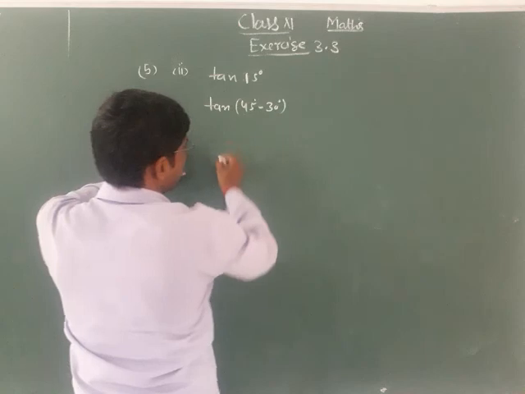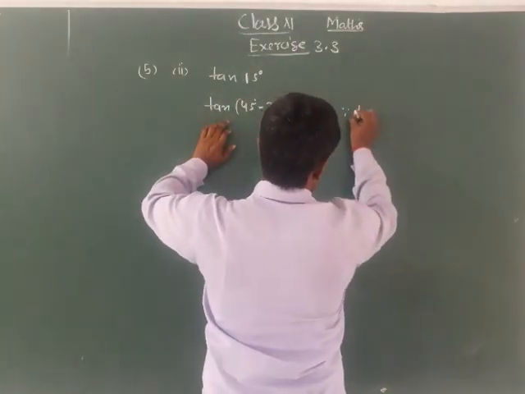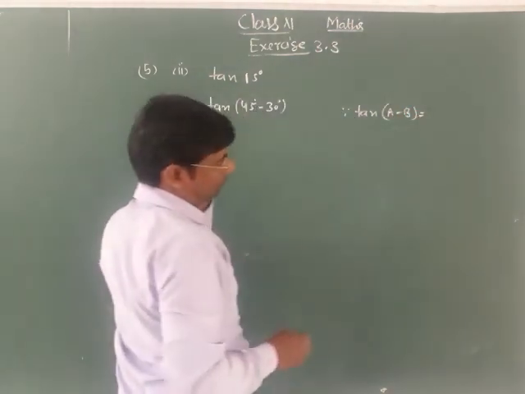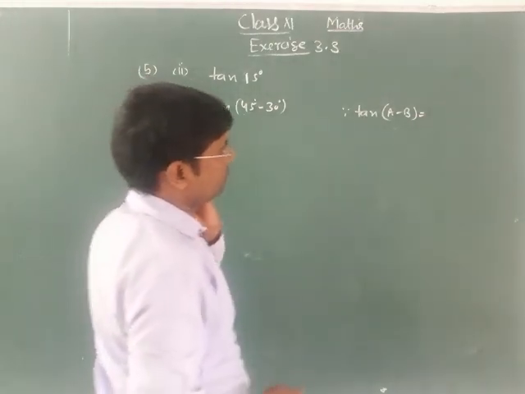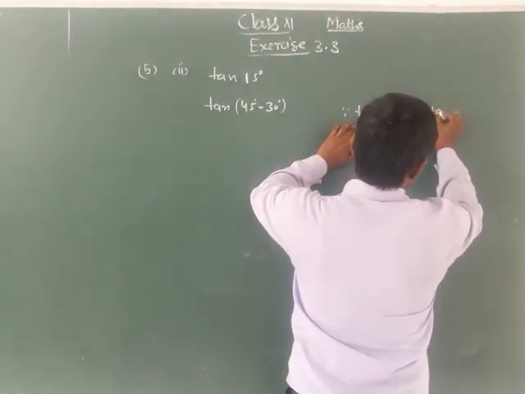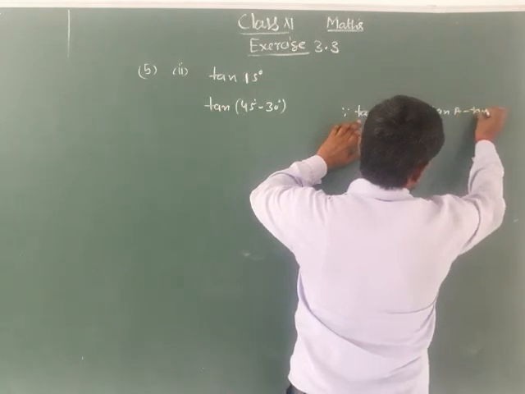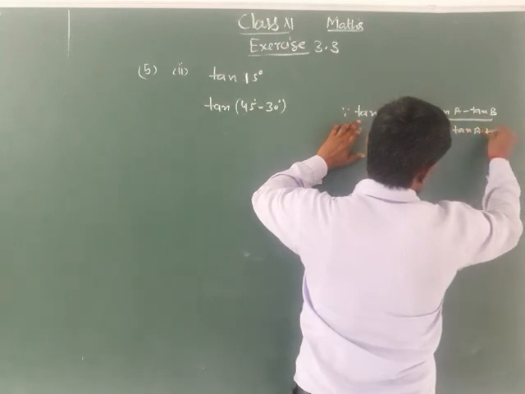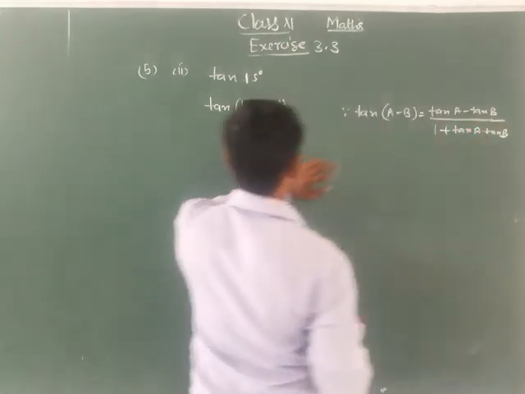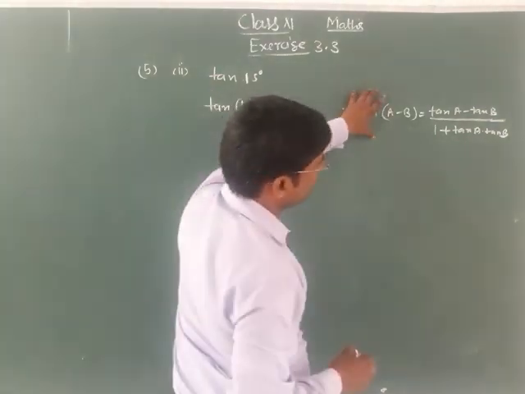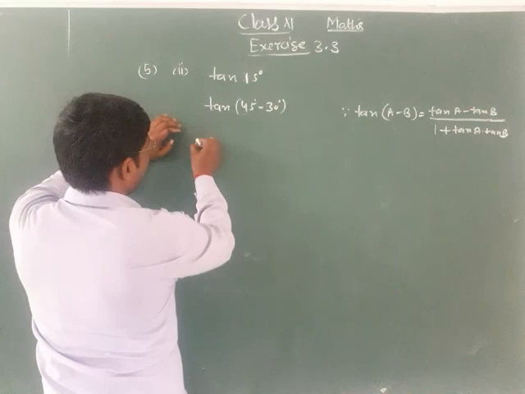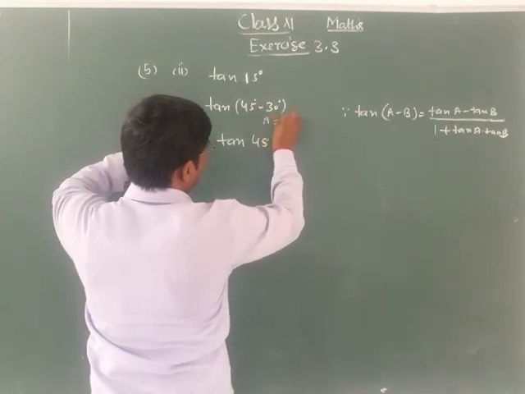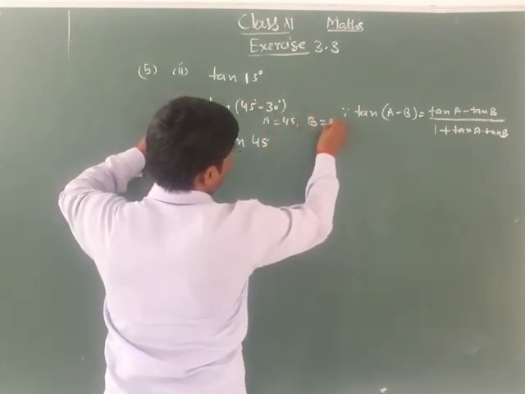Now we know the trigonometry formula: tan(A minus B) is equal to tan A minus tan B upon 1 plus tan A into tan B. According to this formula, A is equal to 45 and B is equal to 30 degree.